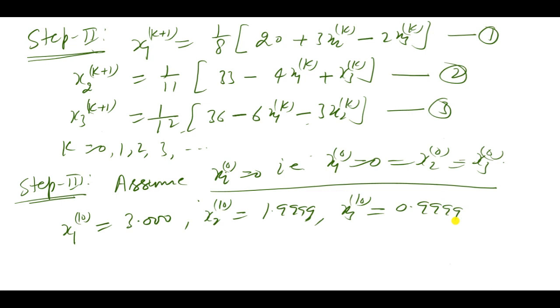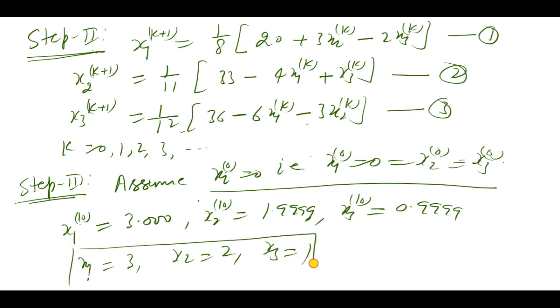So in exact form we take x1 equal to 3, x2 equal to 2, and x3 equal to 1. This is the solution for the given system of linear equations with the help of the Jacobi iteration method. So this is the procedure to apply the Jacobi method for a given set of linear equations.